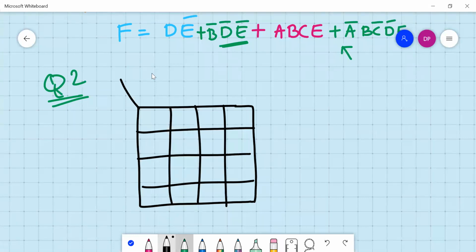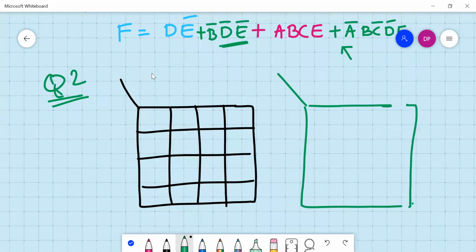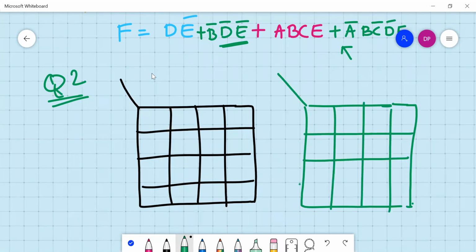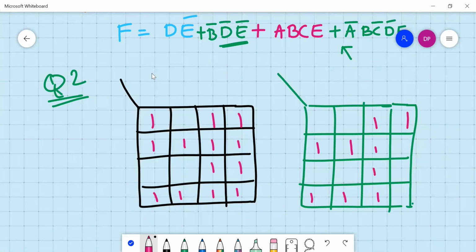You have this, and you have another structure here, right? 1, 2, 3, 4. And it is given 1, 1, 1.